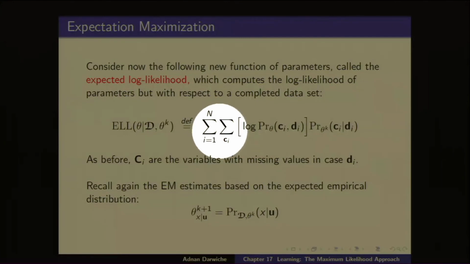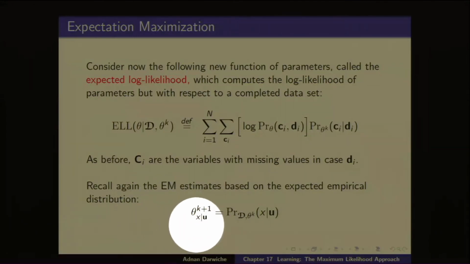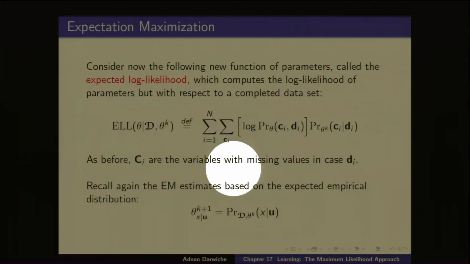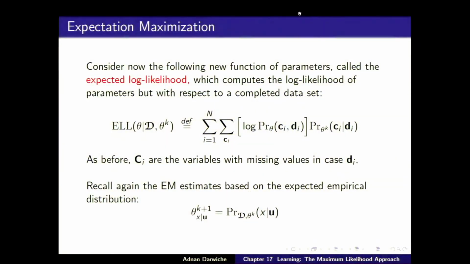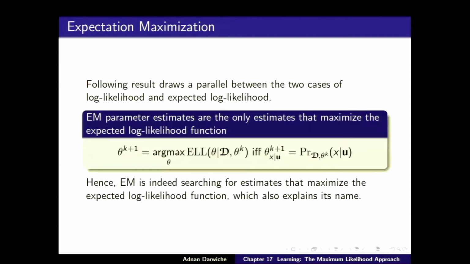So there is some kind of a parallel between the two cases, and the other case falls out as a special case of that. And in each iteration, what EM is doing is optimizing that guy, the expected log likelihood. Again, you can look at the math in your book on this. Otherwise, you can just leave this alone if it's too much.